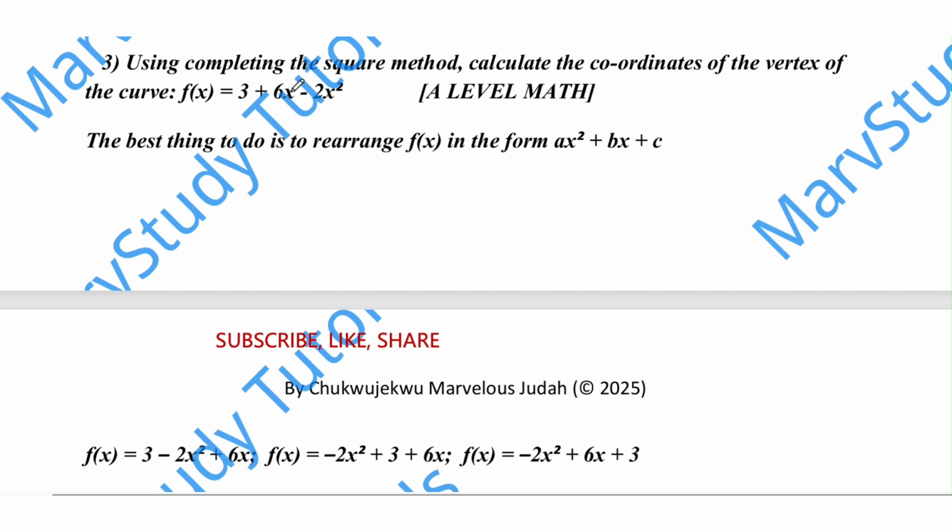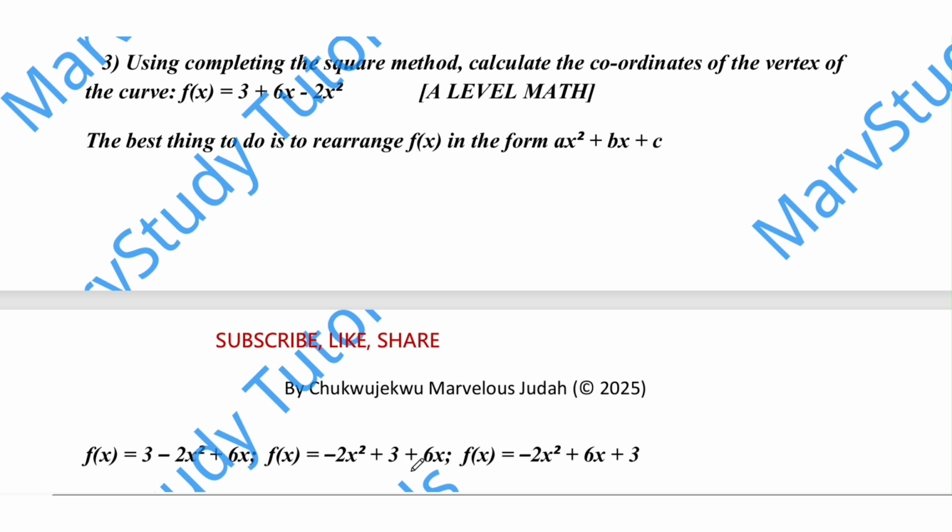So this 3 plus 6x minus 2x squared could be written as 3 minus 2x squared plus 6x. Do you get that? Do you understand? So that's the rearrangement. Because this is the same thing as negative 2x squared plus 3, right? So we now have negative 2x squared plus 3 plus 6x.